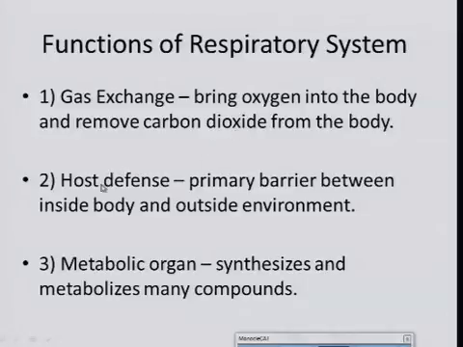It's also very important for host defense. This is your primary barrier between the inside of the body and the outside environment. Remember, we're breathing in air from the atmosphere, so whatever's in that air, we're taking into our lungs, into our respiratory system. And the air is full of bacteria, viruses, toxins, a variety of different chemicals, gases.